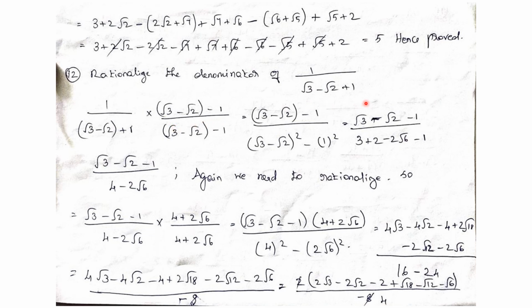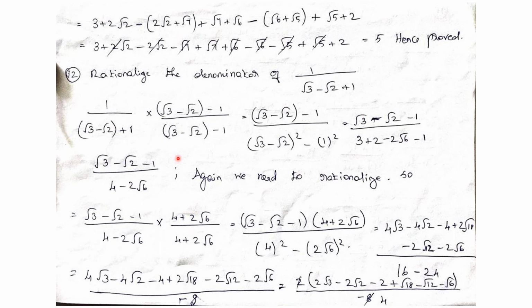Then the 12th sum, rationalize the denominator of 1 by root 3 minus root 2 plus 1. Here actually three terms are there, three numbers. So what we need to do, we have to take root 3 minus root 2 as a single term plus 1. Okay.